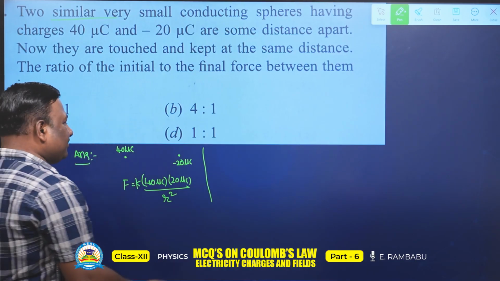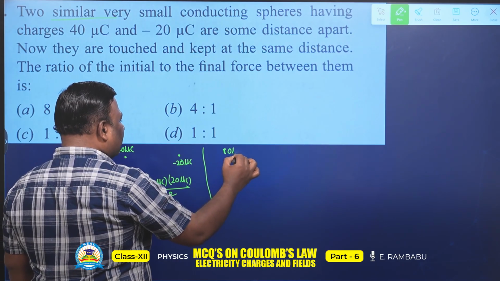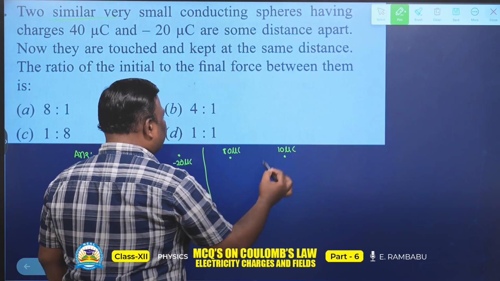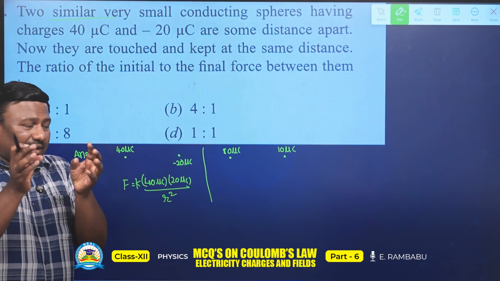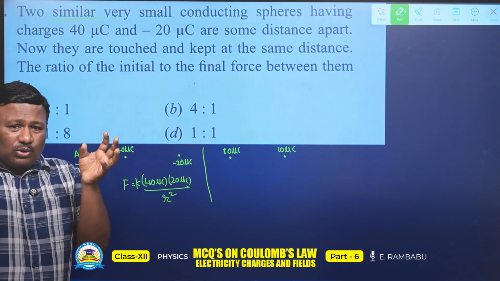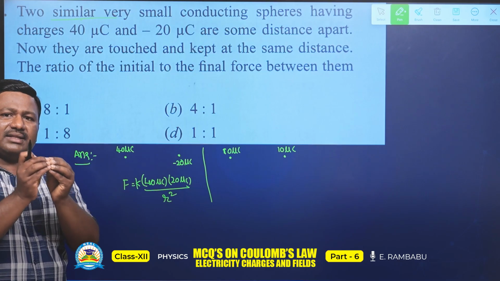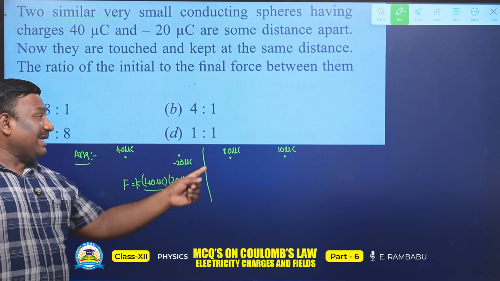After separating, the first body obtains a charge of 10 microcoulomb, and the second body obtains a charge of 10 microcoulomb. Understand, very important point: whenever two identical bodies are taken into contact, then after being separated, they share the charges equally.